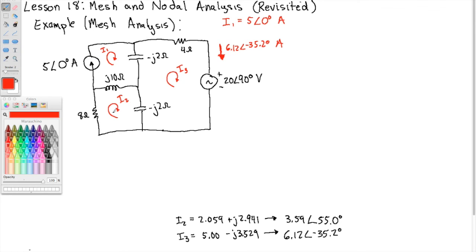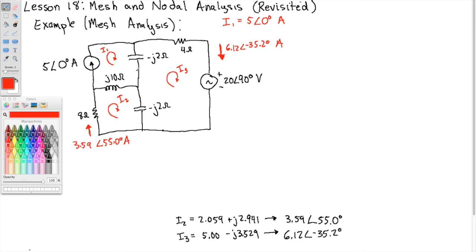Now I2 is the only current that contributes to this branch current here. And this current is 3.59 angle 55.0 degrees amps. All right, and of course we have the current in this branch. That's 5 angle 0.